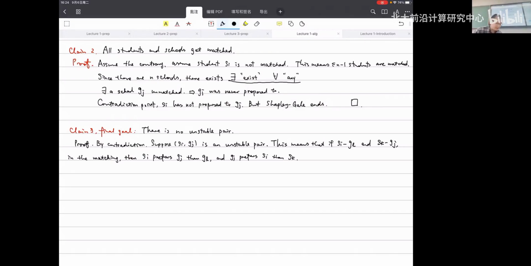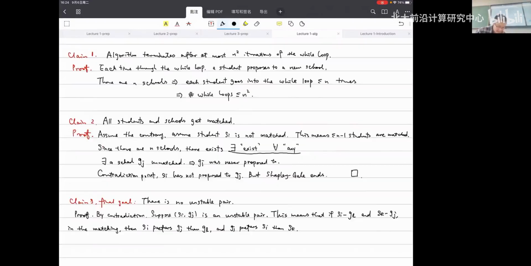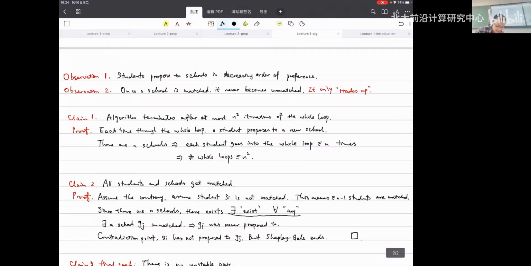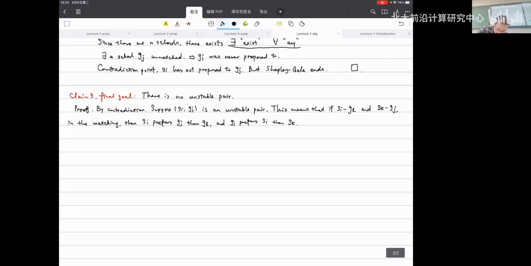We follow this basically by the definition. Let's draw something similar to the Alice THU and PKU case: SI is currently assigned to GL, and SK is assigned to GJ, and we are worried about this unstable pair.